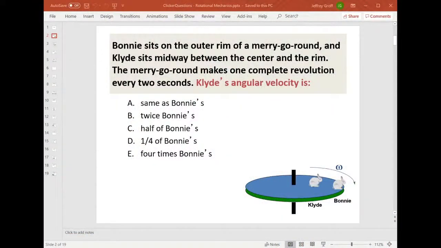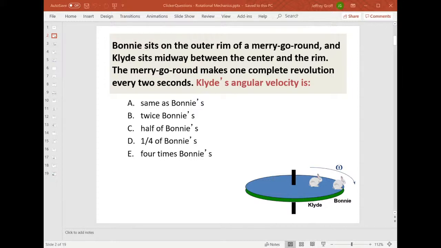So that's pi radians per second. So 3.1415 radians per second is the angular speed. And the question is, does that answer depend on where you are? And the answer to that question is no.